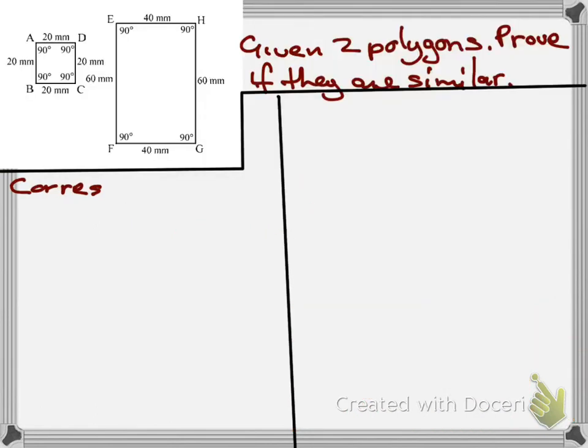problem which we have to look at now about similarity. So here we are given two polygons again, ABCD and EFGH, and they want us to prove if they are similar. So we have to investigate the two conditions or properties of similar polygons. So let's look at corresponding angles.